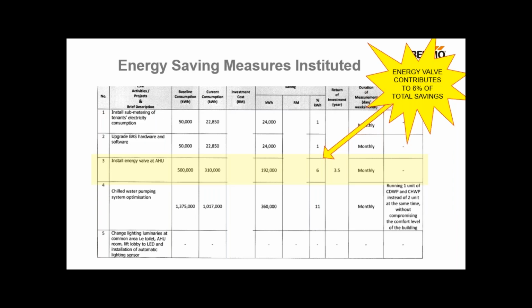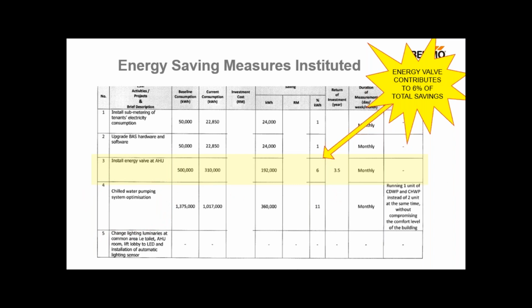These are the energy saving measures that we instituted. We installed electrical and chill water submetering. We upgraded the building management software. We installed energy valves for all the AHUs and chill water pumping optimization.